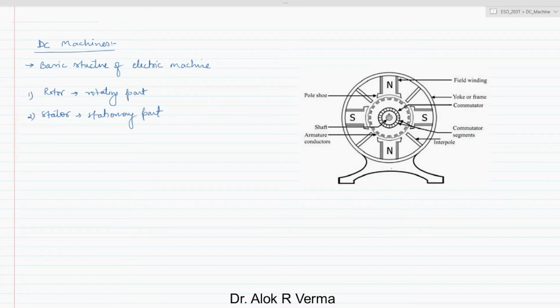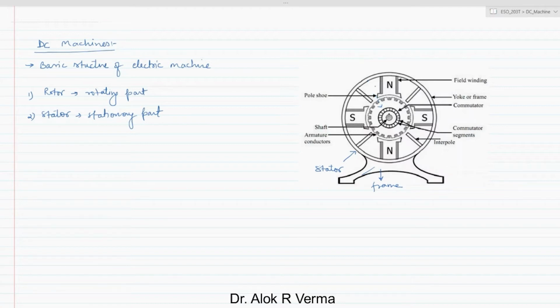So in this figure you see the outer part is the stationary part. So this is the stator. This is the frame, and the inner part is nothing but the rotor.